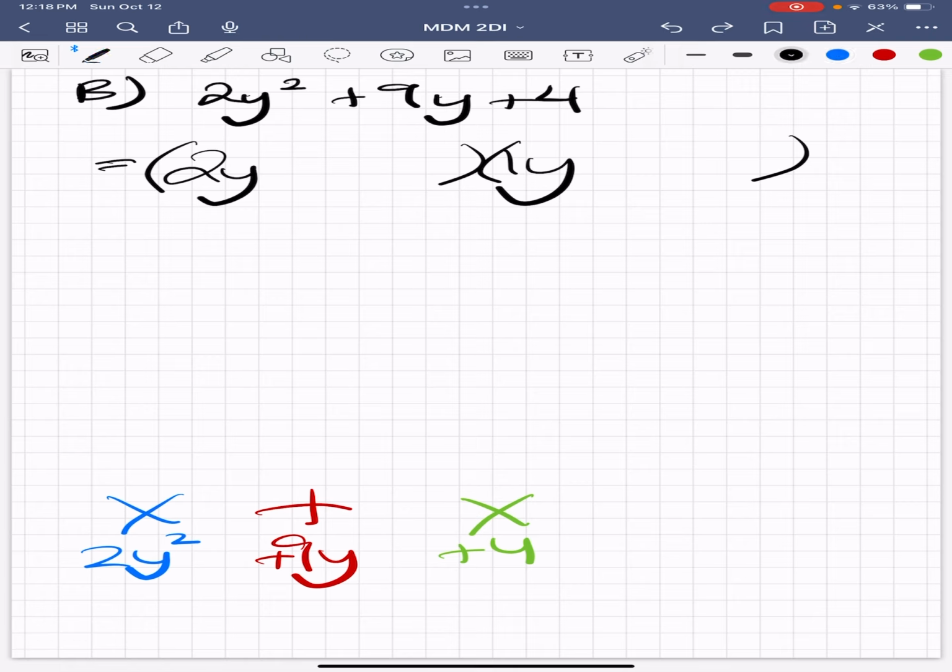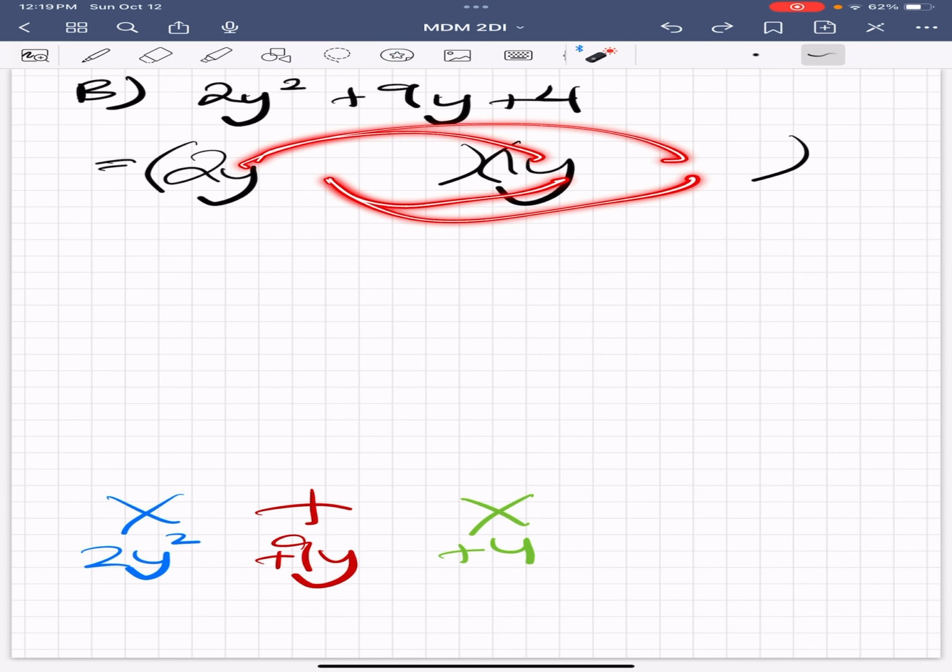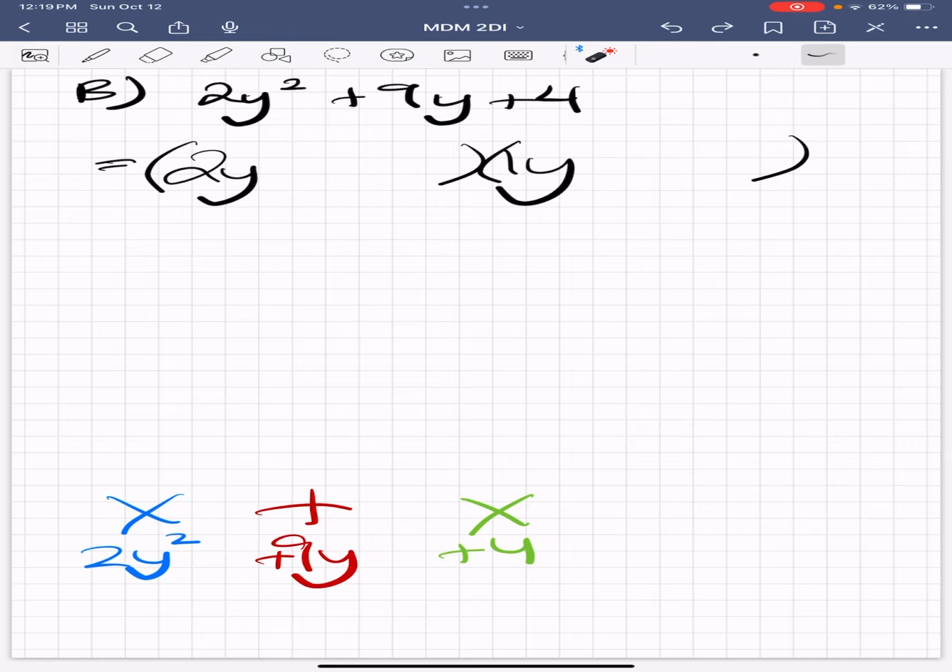Sometimes completing complex trinomials will be trial and error, and that's why I like expanding out, because you can see if it's correct or not. What we need is two factors that multiply to 2y squared, and two factors that multiply to positive 4. And when we expand out, we need the addition and subtraction to match positive 9y.